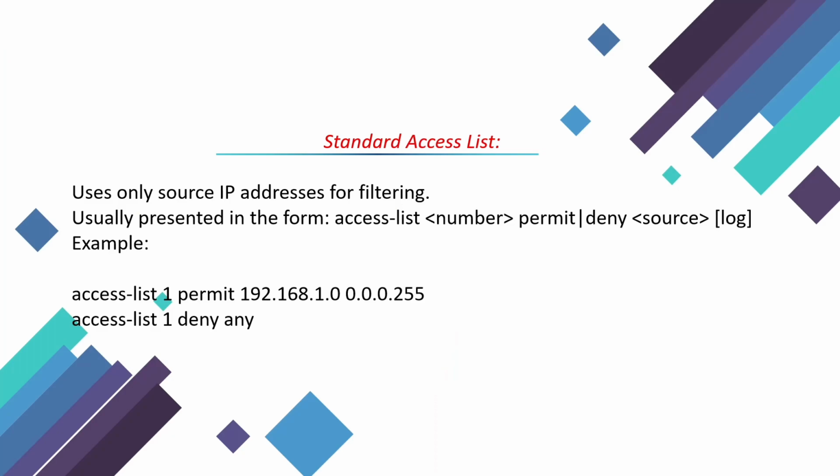You have the standard access list. A standard access list only uses the source IP address, not any protocol, not the destination, not anything. For example, you type access-list, then the number of the access list, then permit or deny.